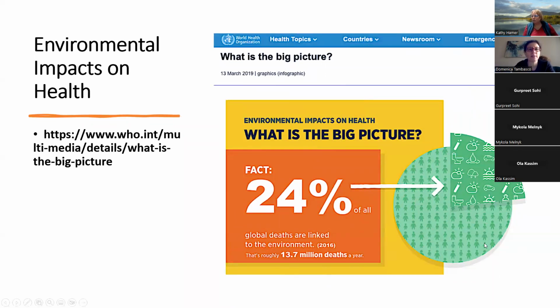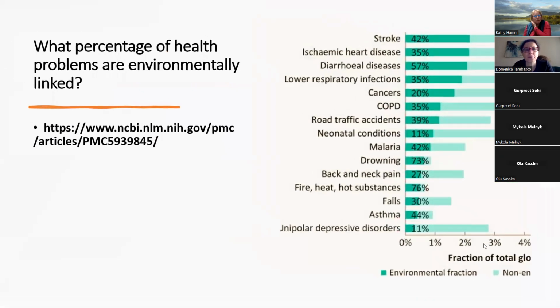So this graph represents the environmental fraction of burden of selected diseases that was reported in the Journal of Public Health in 2017 by Prüss-Ustün et al. In this study, they estimated that the global burden of common diseases attributable to environmental determinants in 2012 were as shown in this graph.